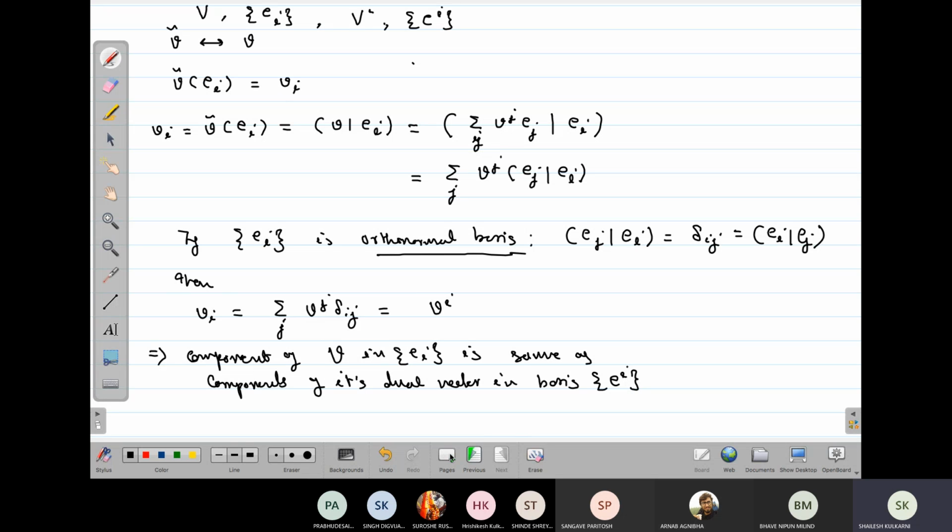You can take this as an exercise. Consider a vector space V, and take V to be R2. Let us consider the basis vectors to be (1,0) and (0,1), and let us consider the vector V to be (1,2).